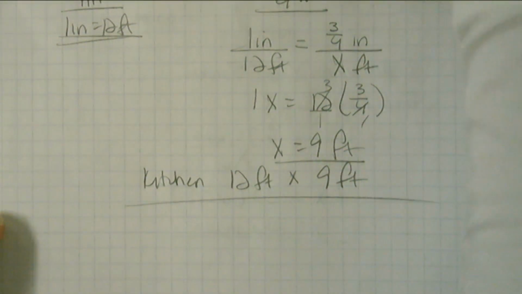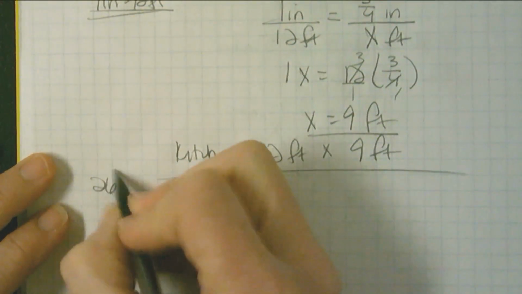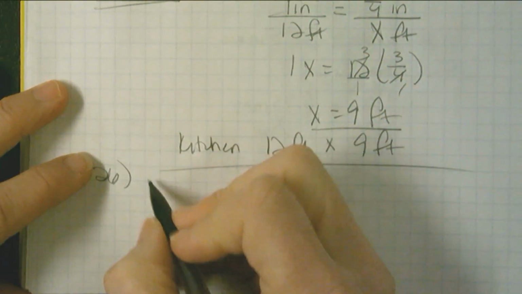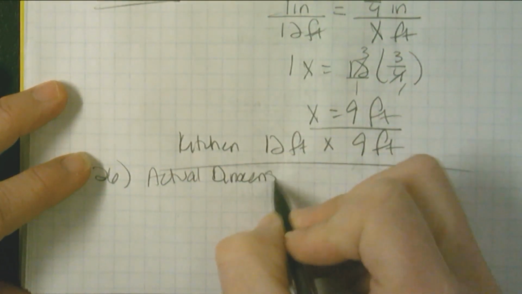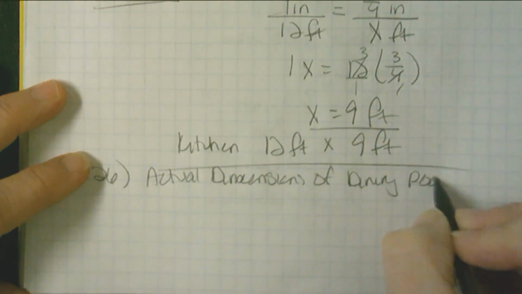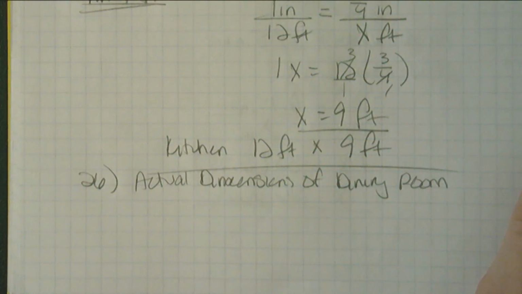All right, they want us to find the actual dimensions of the dining room for 26. What do I know about our dining room on the drawing?